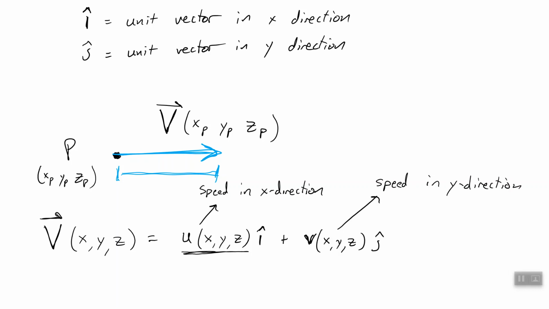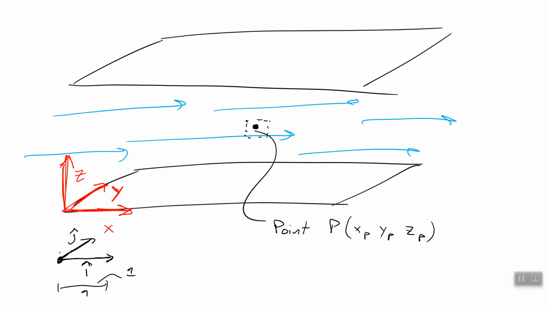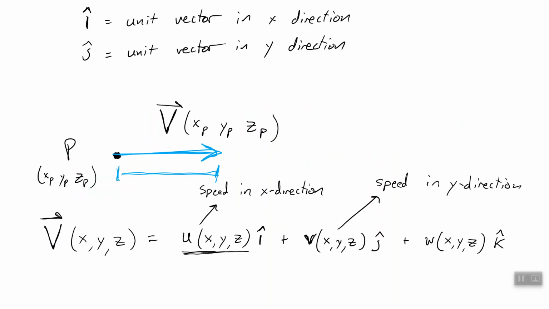We're going to draw a cool picture after we're done writing this to help you understand if you're getting lost. Okay, we've got one more, w, which we can define at any point x, y, z in the k hat direction. Any guesses on which way is k hat? That's right. That is the unit vector pointing in the z direction. Okay, where w is the fluid's speed specifically in the z direction.